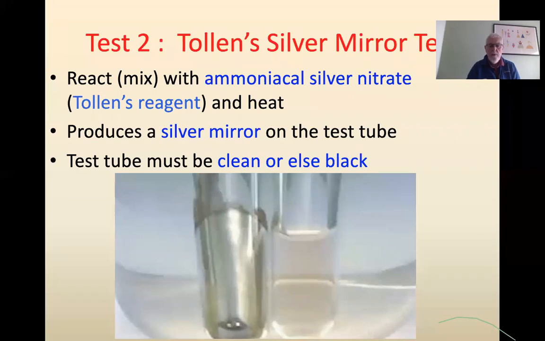So this is how they used to make mirrors. You would take ethanal in solution, you would add Tollen's reagent to it, and you would heat the glass from underneath. That would cause the silver to deposit on the sheet of glass. You would then pour off the aldehyde and the ammoniacal silver nitrate.